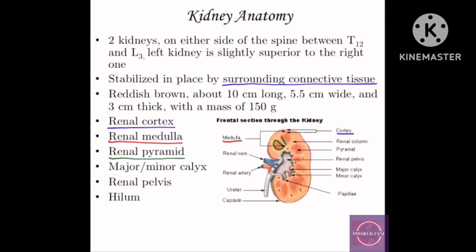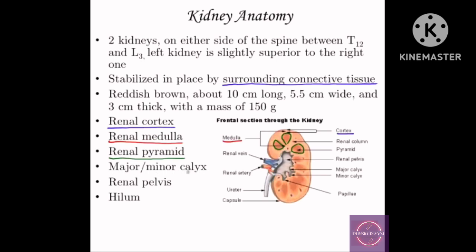So here's a renal pyramid, renal pyramid, renal pyramid. Those make up most of that medullary layer in the kidneys. And this is, of course, a cross-section, a frontal or coronal section through a kidney. From the outside, you would not see the pyramids, so you'd have to cut into it to see them.